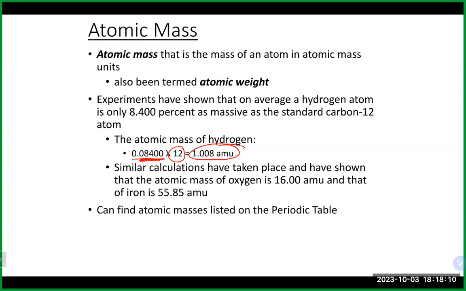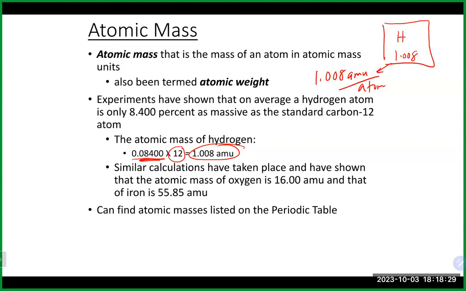Similar calculations were done for everybody that's on the periodic table. One way that you can use that number off of the periodic table is that there would be 1.008 AMU in an atom, would be the atomic mass for hydrogen.